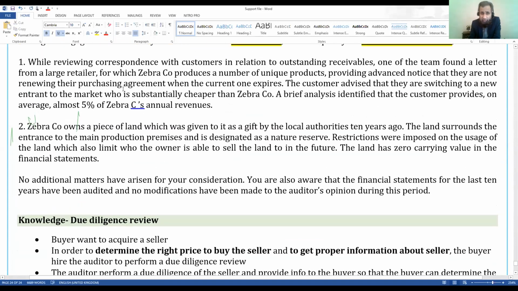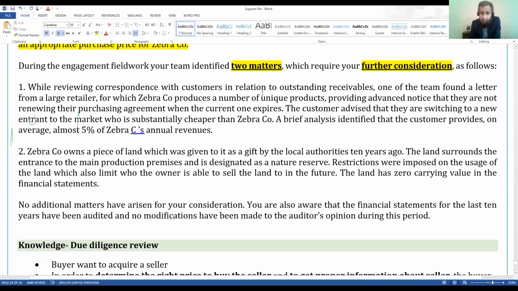While reviewing the correspondence with customers in relation to the outstanding receivables, one of the team found a letter from a large retailer for which Zebra company produced a number of unique products.